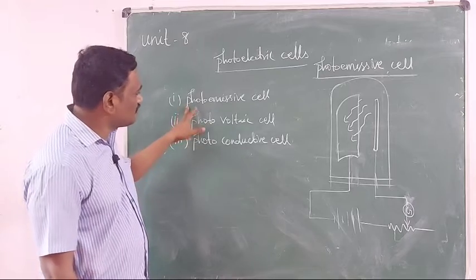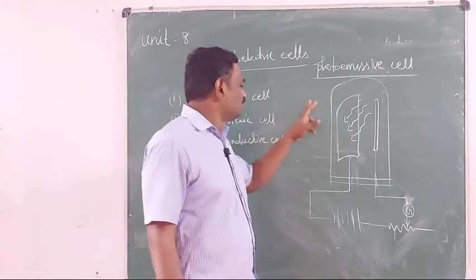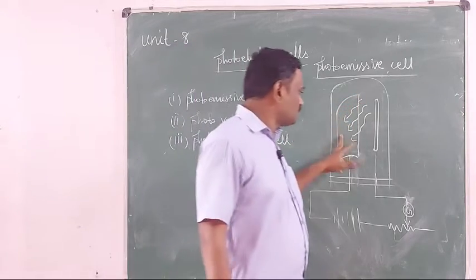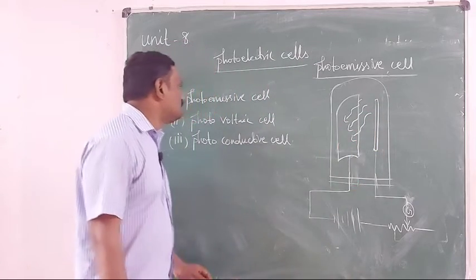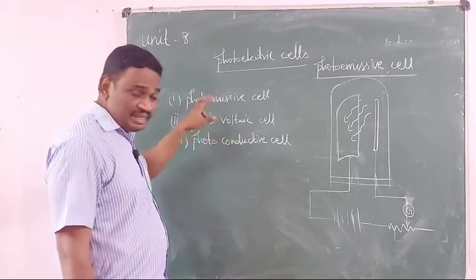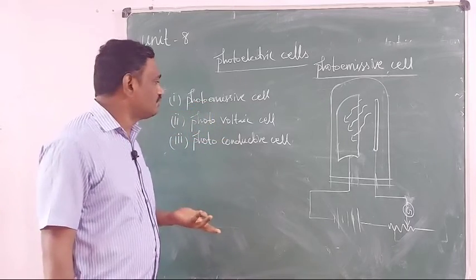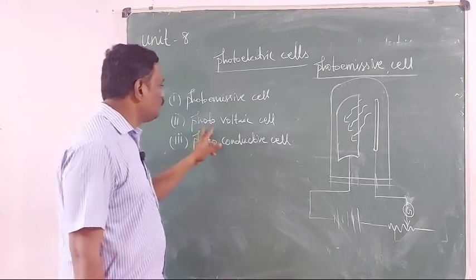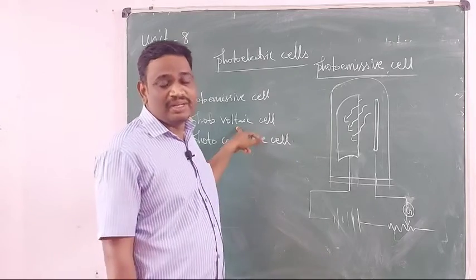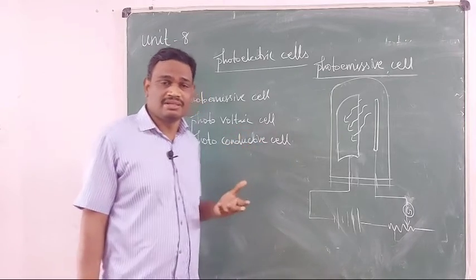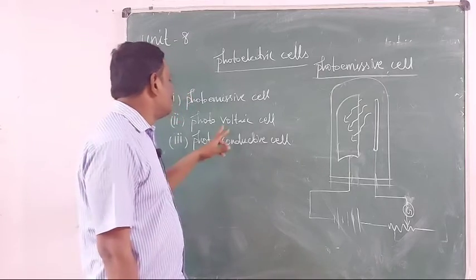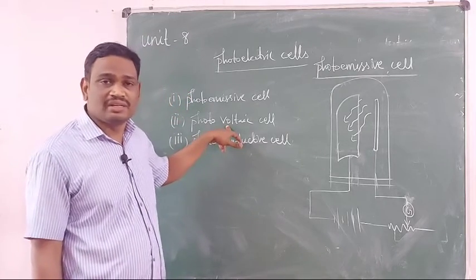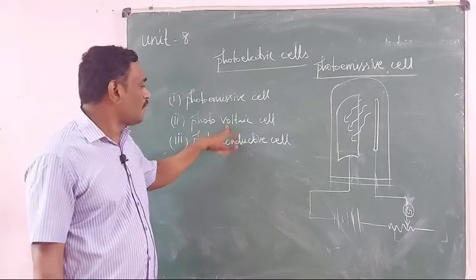Photoemissive cells: whenever radiation falls on a photosensitive material, it will eject electrons from the metal surface. In photovoltaic cells, when radiation falls on a metallic surface, it will produce a corresponding voltage difference. Here the intensity of radiation is directly proportional to the voltage.